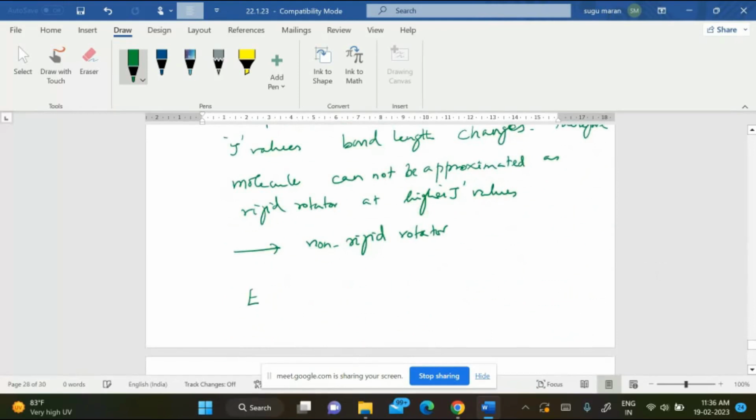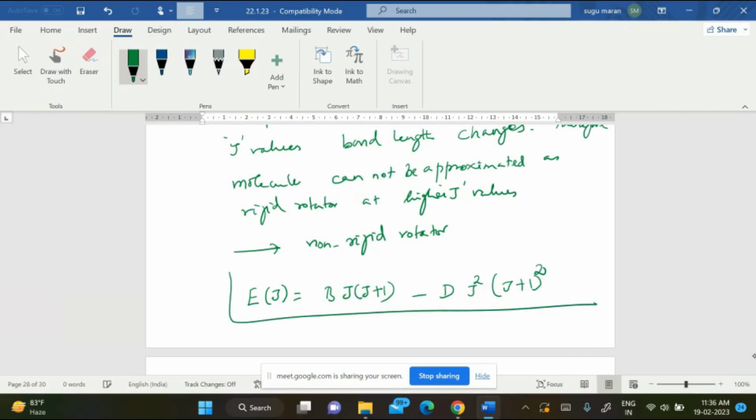So E_J equals B J(J+1), and you just add a term, minus D J squared into (J+1) squared. This is the new energy level equation.